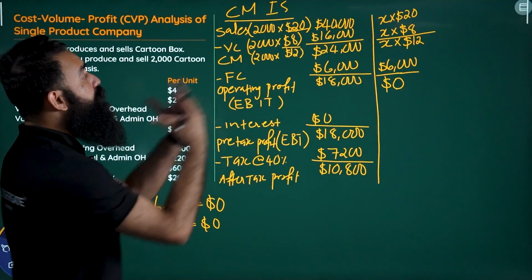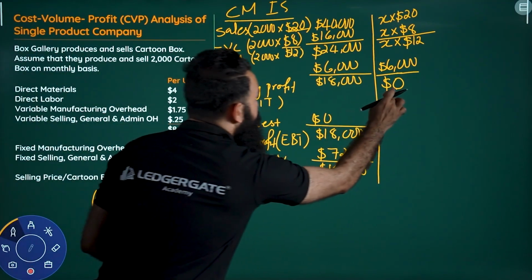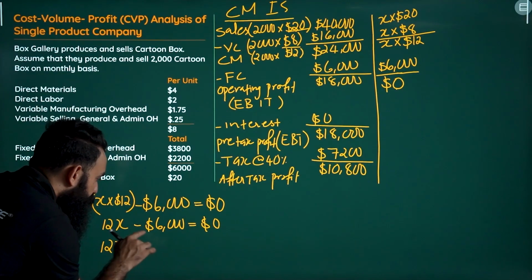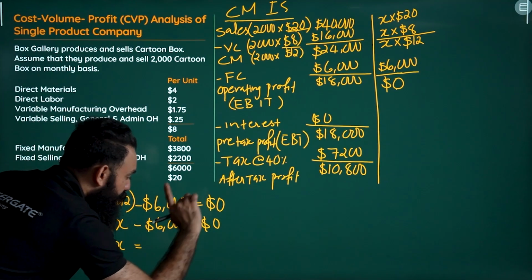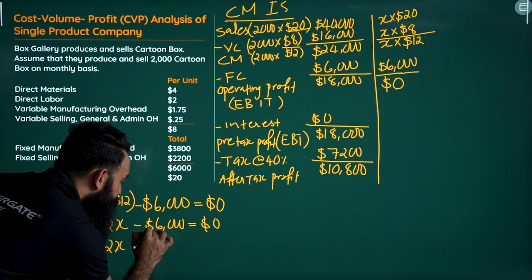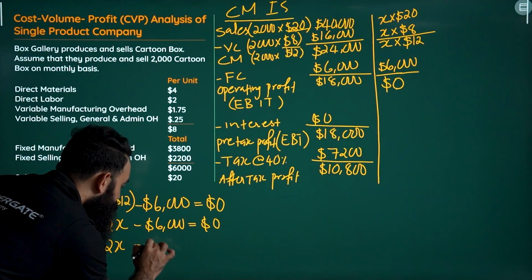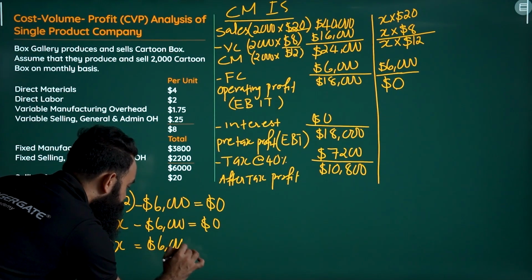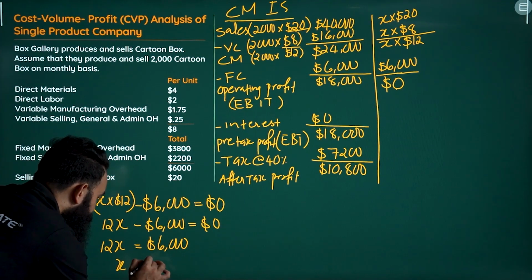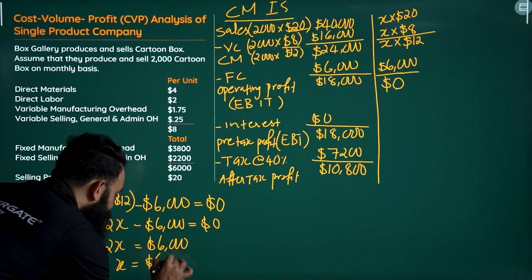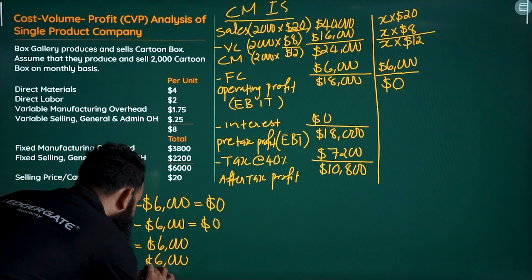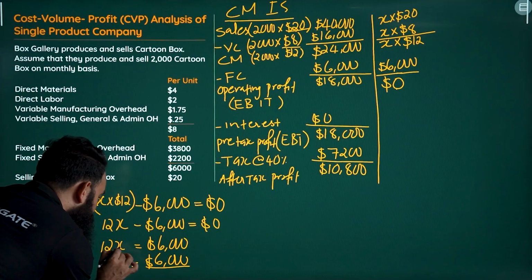This is the number of units to be sold to be at 0, right? 12X is equal to, we are bringing this minus 6,000 to the right side, where 0 is already there. When we bring it here, it will become plus 6,000, right? Now X is equal to 6,000 divided by 12. Here 12X is multiplication.